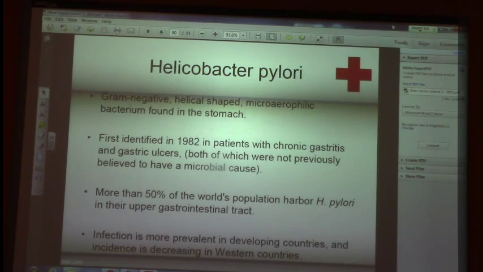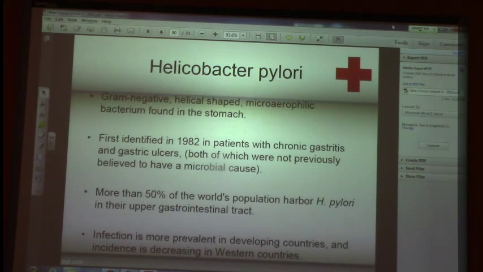They were first identified in 1982 in patients with chronic gastritis and gastric ulcers, both of which were not previously believed to be caused by microbes. However, as the correlation became stronger, scientists were finally able to determine that this particular genus and species of bacteria were responsible for gastric ulcers.